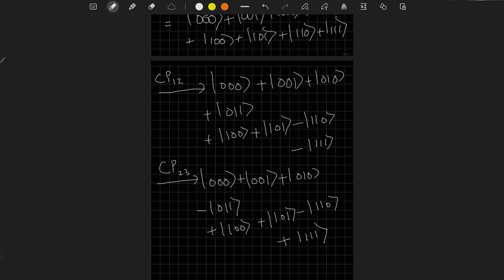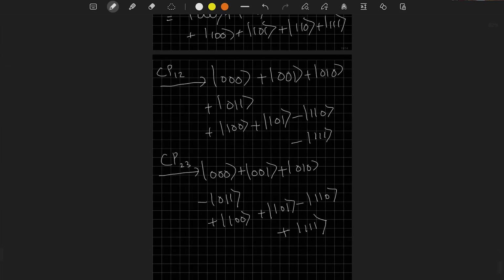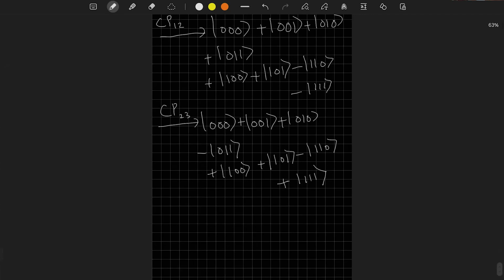Now, is this entangled or not? You should do this as homework. It's very hard to do everything on the blackboard in class. This is an entangled state. Now, can I show that?